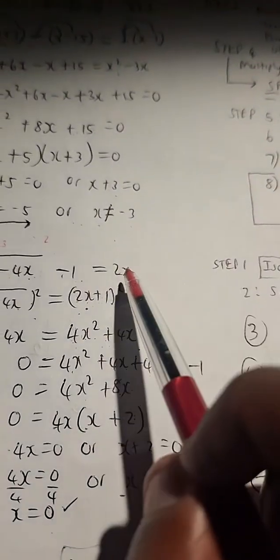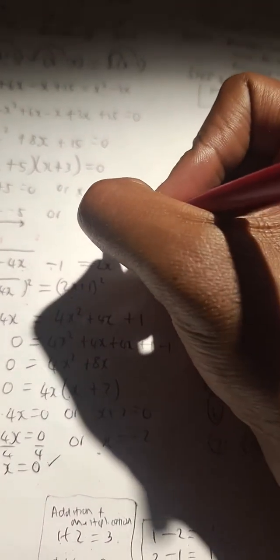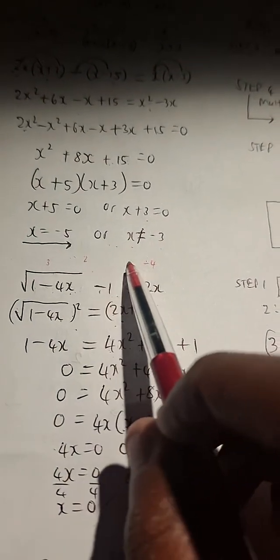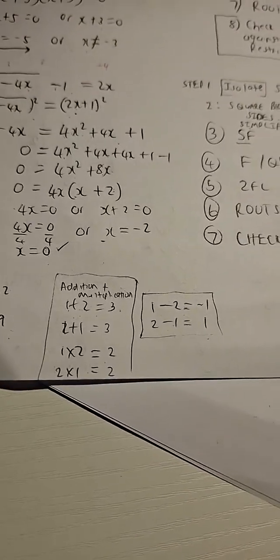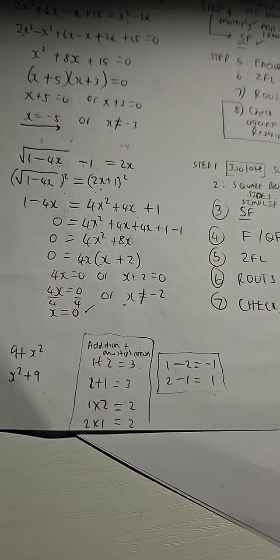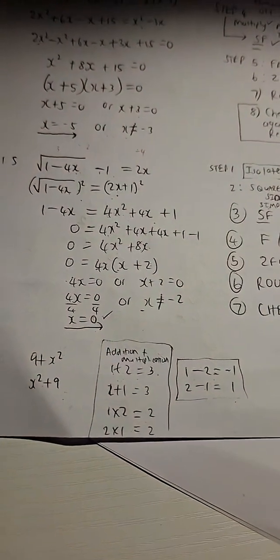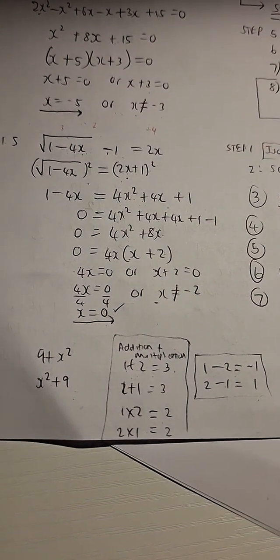So 3 minus 1 gives us 2 on the left. Now take the same negative 2 and multiply it with this positive 2. 2 times negative 2 gives us negative 4. 2 cannot be negative 4, so that means x cannot be negative 2. x is equal to 0 alone. That is the only answer we have in that third equation.